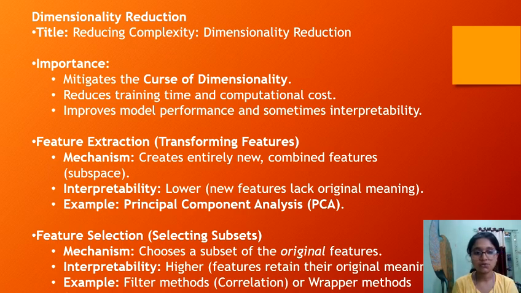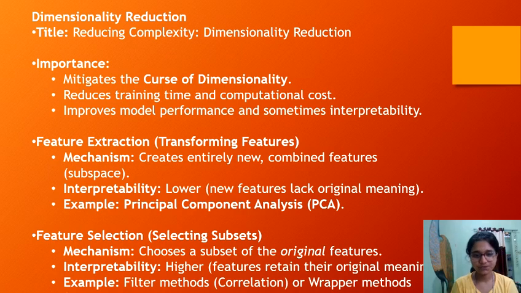Feature extraction: transforming features. Mechanism: create entirely new combined features in a subspace. Interpretability: lower, new features lack original meaning. Example: principal component analysis, PCA.